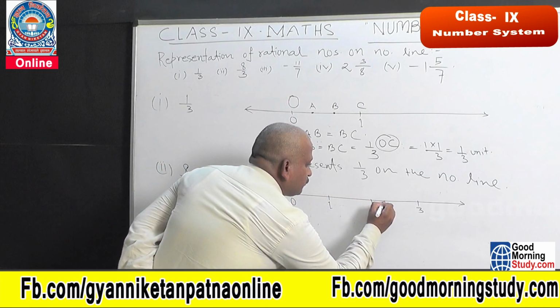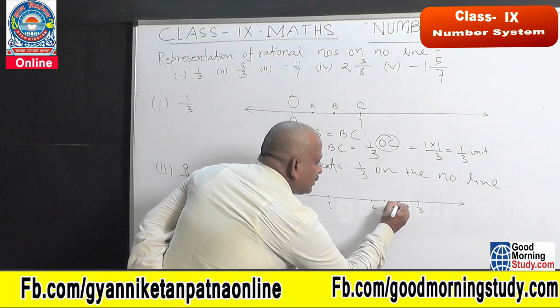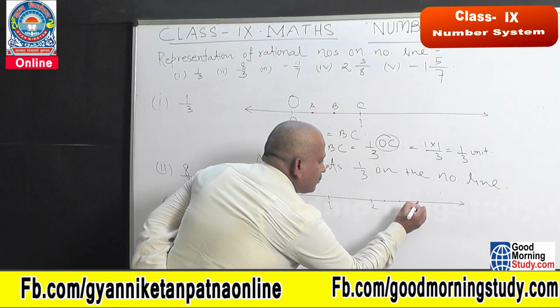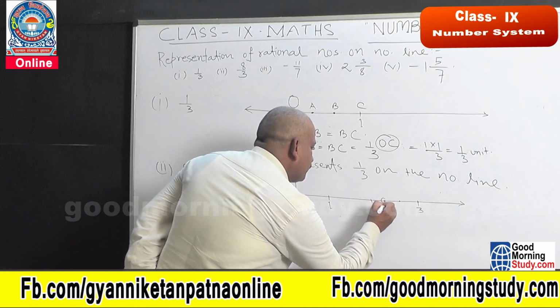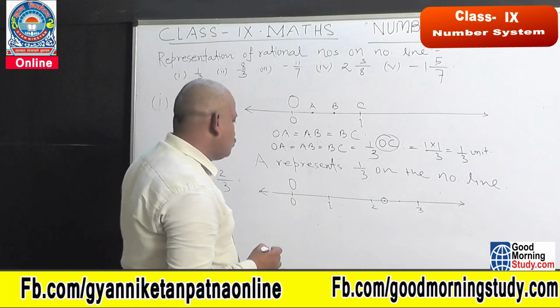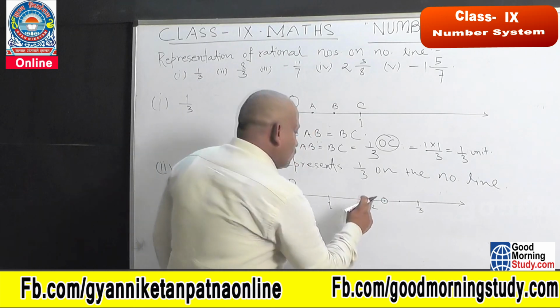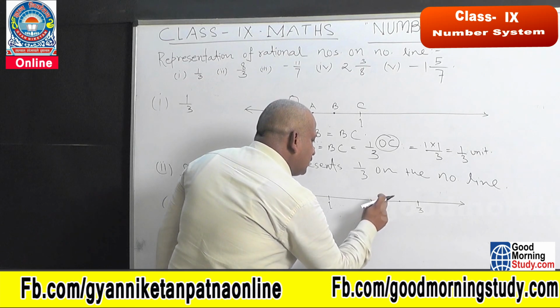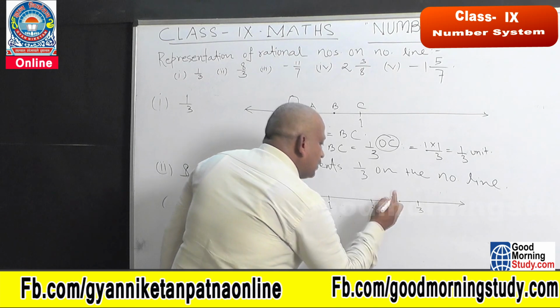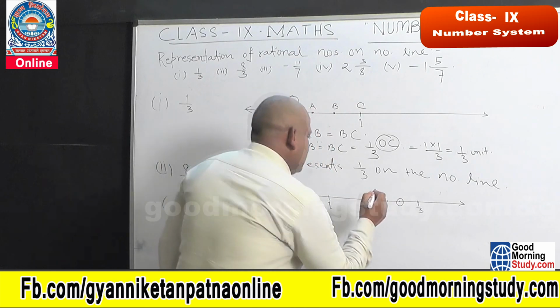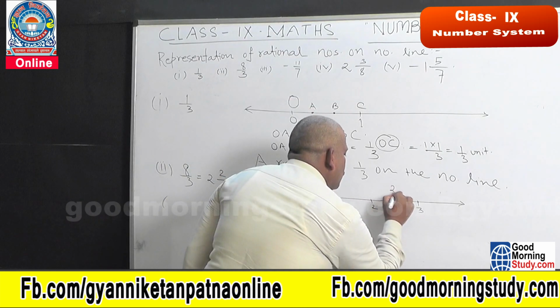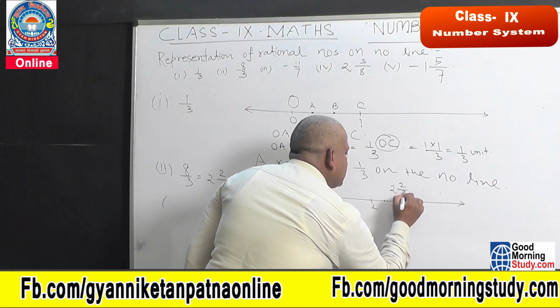So suppose this is first part, this is second part, and this is third part. So children, this point will be 2 whole 1 by 3, and this point will be 2 whole 2 by 3.